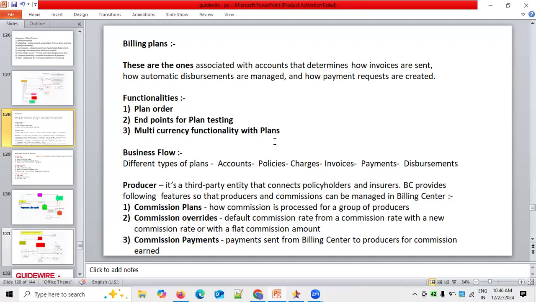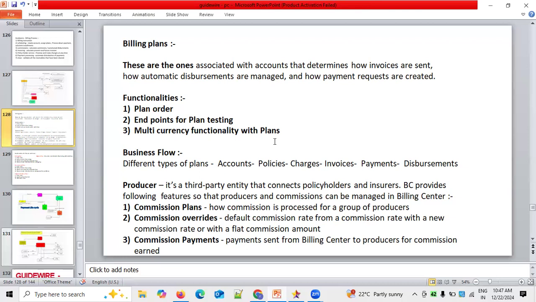In regard to that, we need to know what the different features involved are. Normally, features will be classified into three parts. One is the commission plans, second the commission overrides, followed by the commission payments. These are the three in context to the commissioning part I'm talking about. I'm talking about features relating to commissioning, because when it comes to the producers, we must know how commissioning can be managed in billing center.